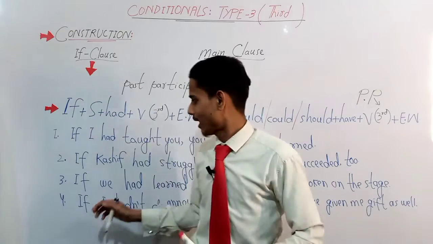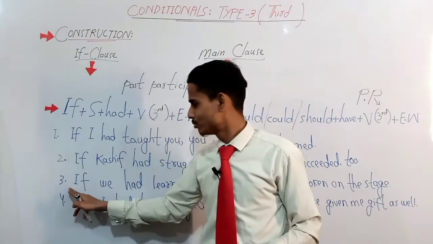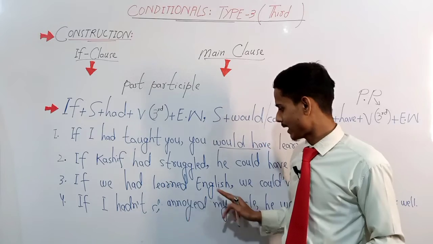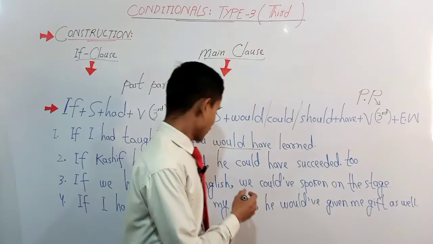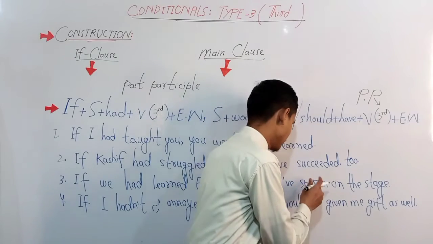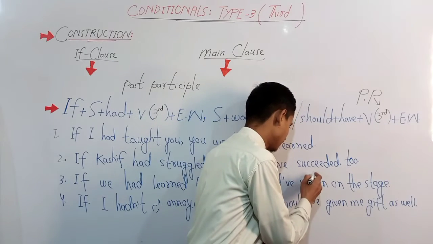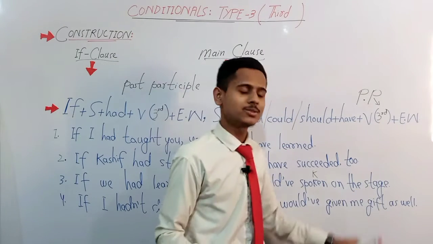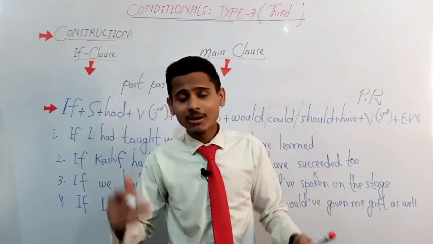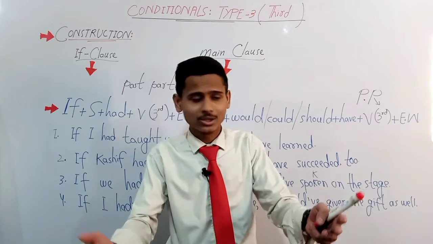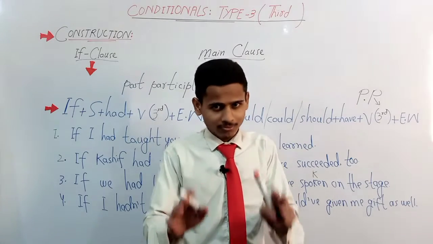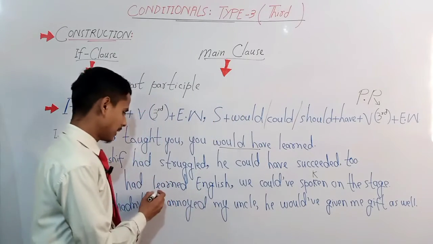Now we have the third example sentence: if we had learned English, we would have spoken on the stage. By the way, it's a silent K. Since we didn't know at that time how to speak English, we didn't speak on the stage either.